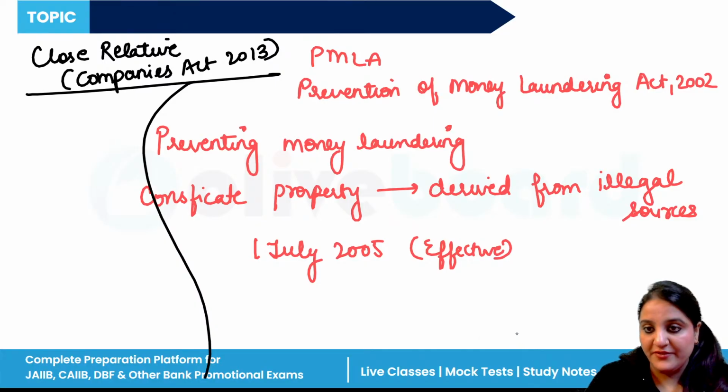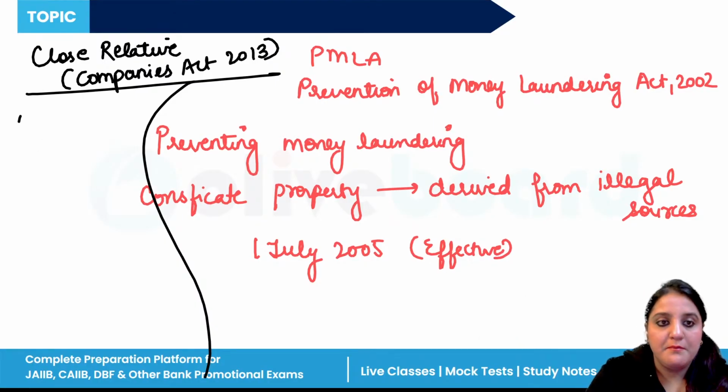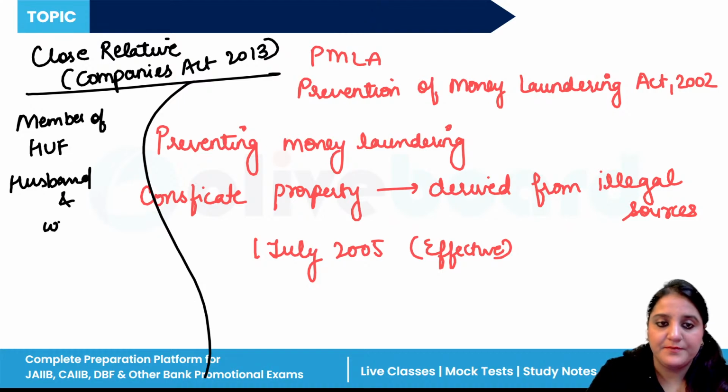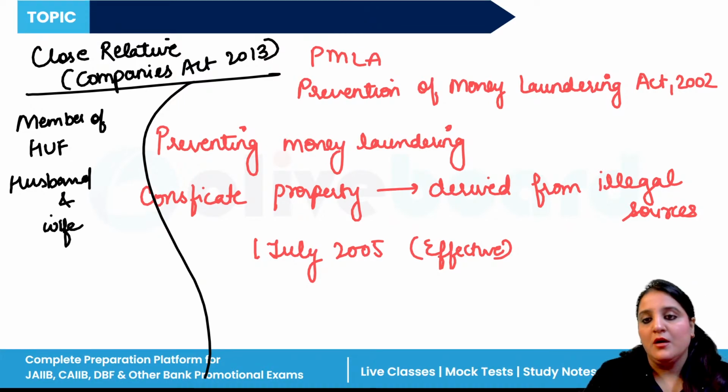A close relative is a member of the HUF, husband and wife, and relations like parents, children, siblings. These all come under the close relatives definition. Clear?